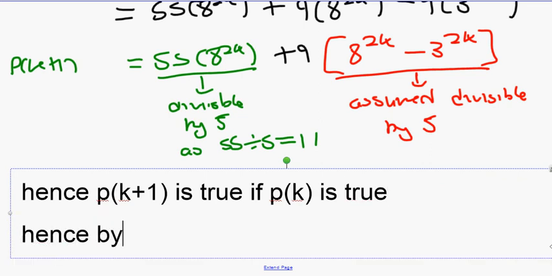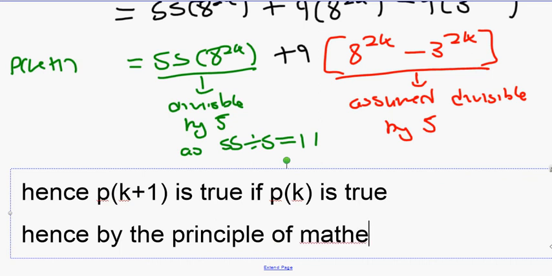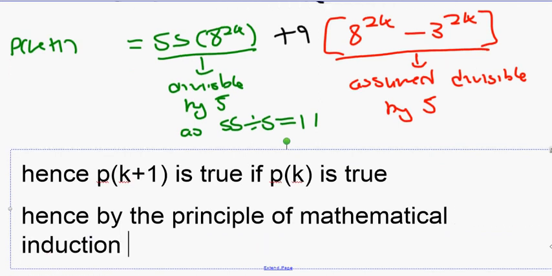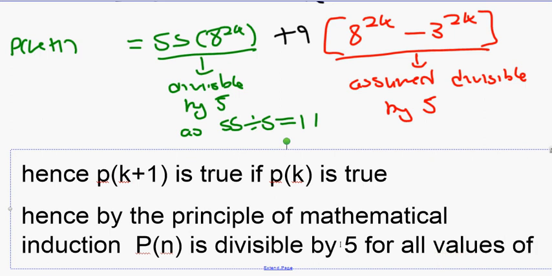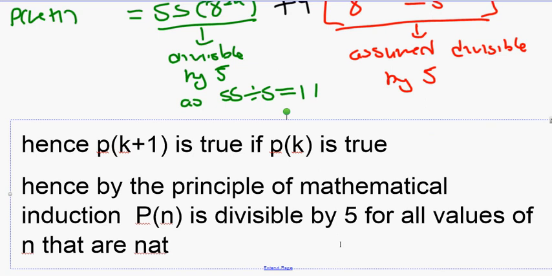Hence, by the principle of mathematical induction, P of n is divisible by 5 for all values of n that are natural numbers. Okay, that's that part done.